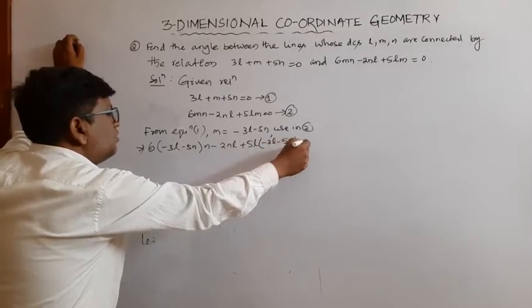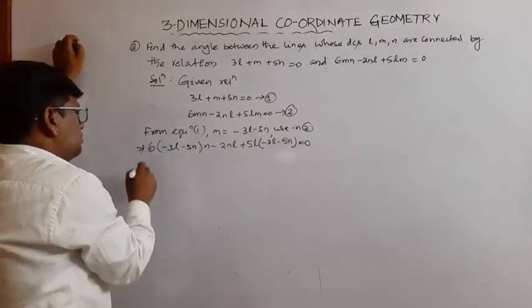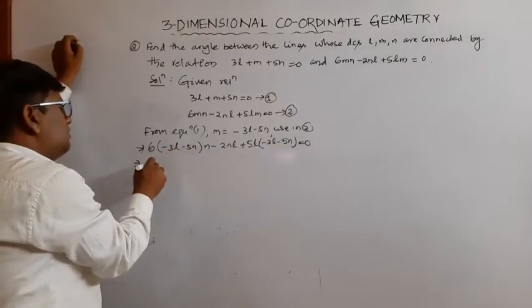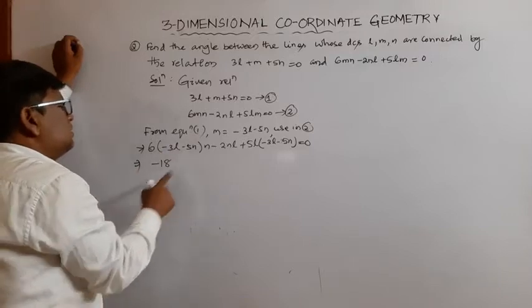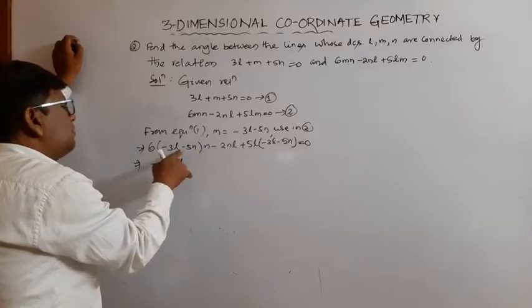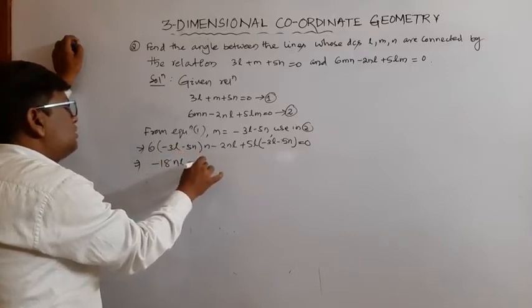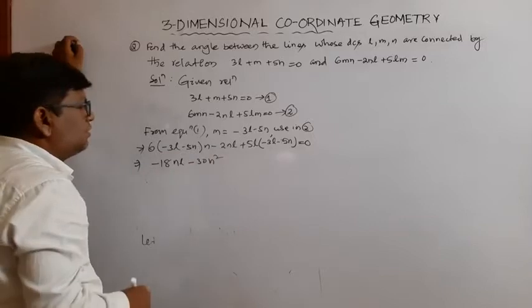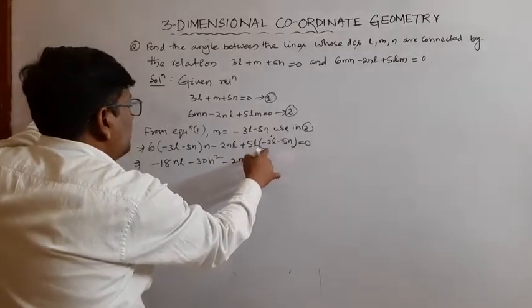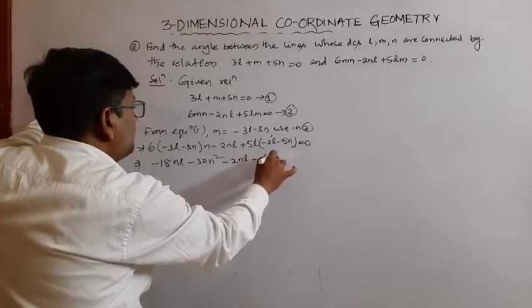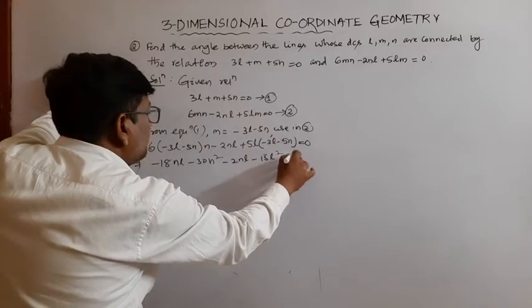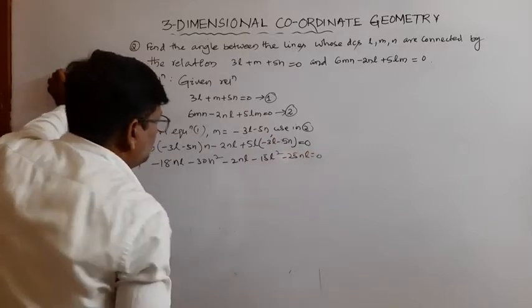So this is 6 into 3, 18 NL, minus 30 N square, minus 2NL, minus 15 L square, minus 25 NL is equal to 0.